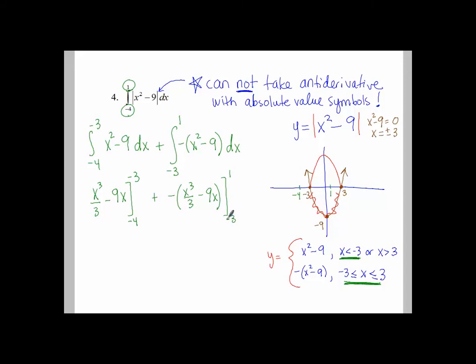Be very careful when we have multiple integrals that we're doing at once. This one, the top limit going in first, -3 cubed over 3 minus 9 times -3. That's the first number plugged in, minus, and now -4, the lower limit plugged in, -4 cubed over 3 minus 9 times -4.